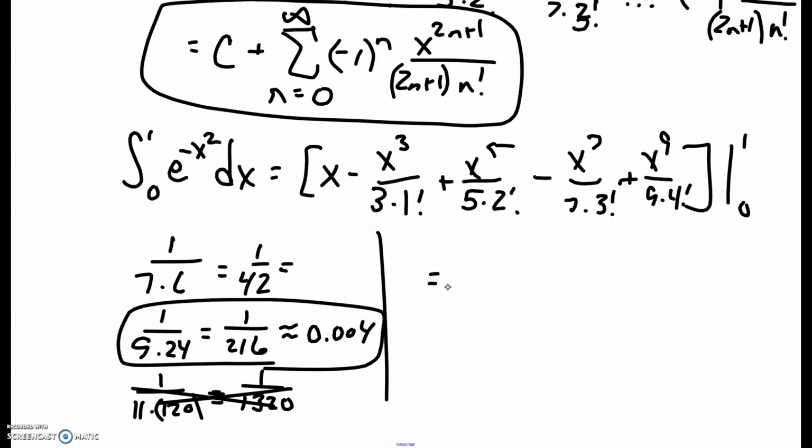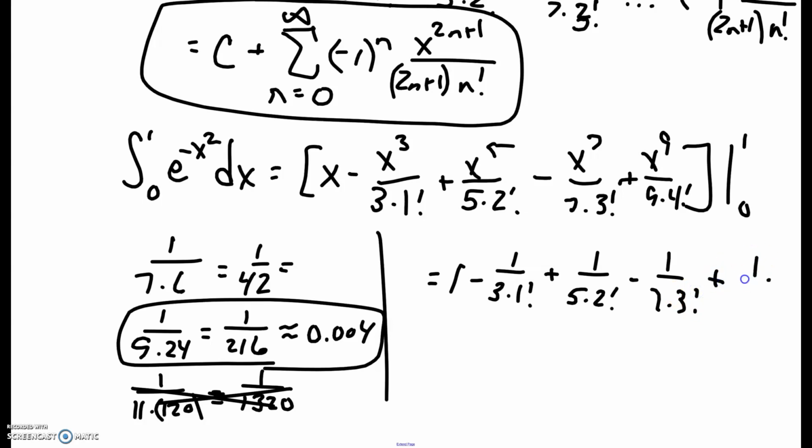So our sum will be 1 minus 1 over 3 times 1 factorial plus 1 over 5 times 2 factorial minus 1 over 7 times 3 factorial plus 1 over 9 times 4 factorial.